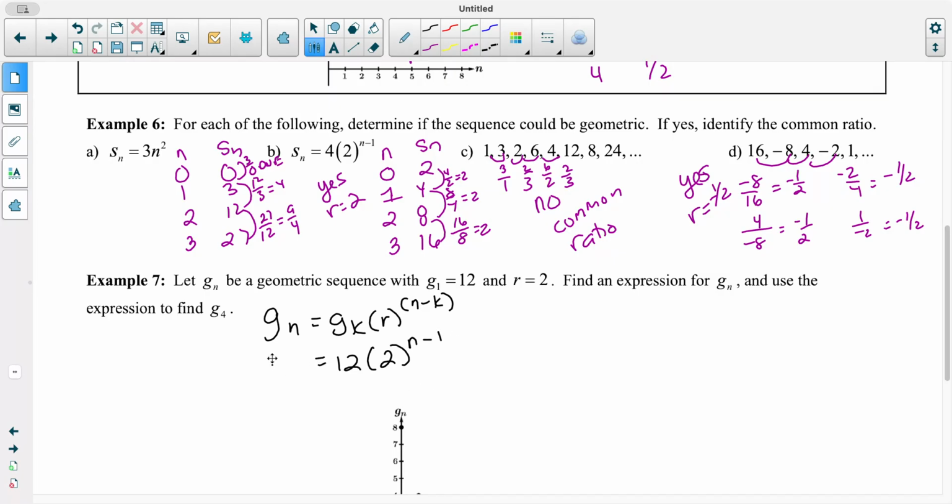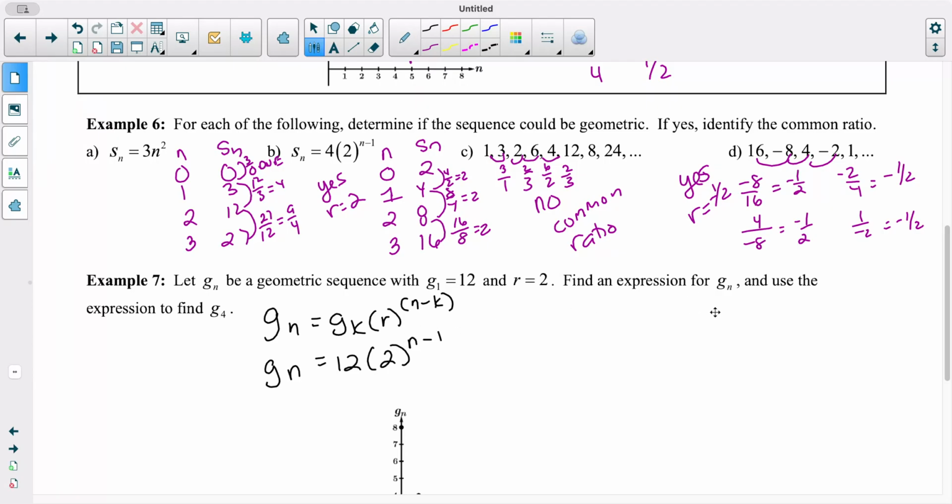And I am going to simplify that as much as I possibly can so that I can find my first term. If you remember your exponent rules, what was I allowed to do when I saw something and I was allowed to subtract exponents?